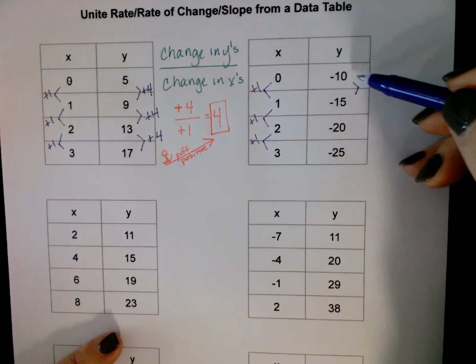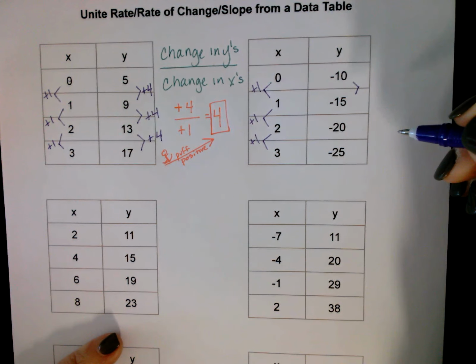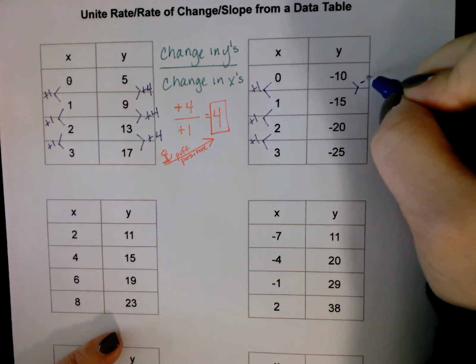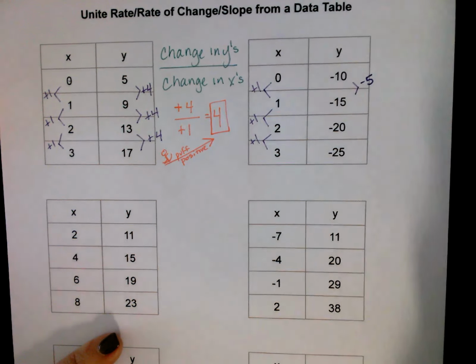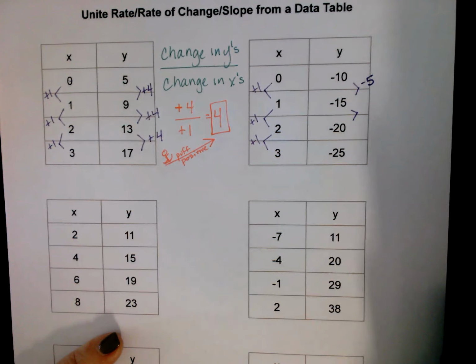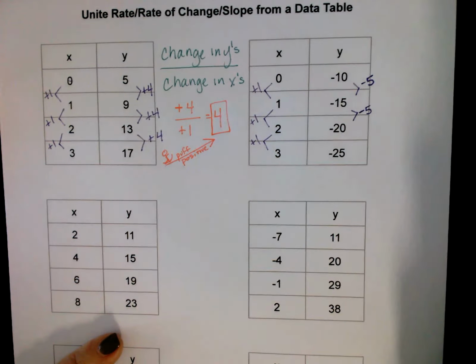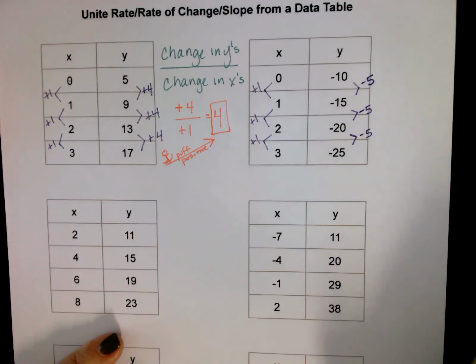How do you go from -10 to -15? Are you adding or subtracting? We would actually subtract 5. To go from -15 to -20, you subtract 5 again. And -20 to -25, subtract again.